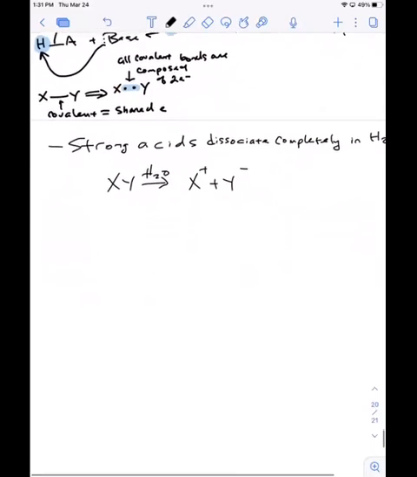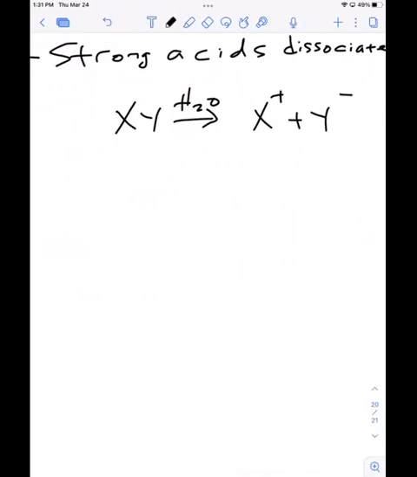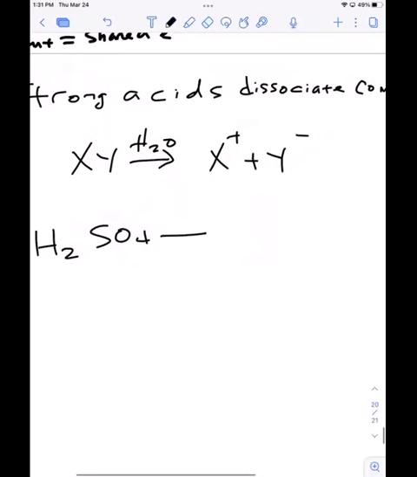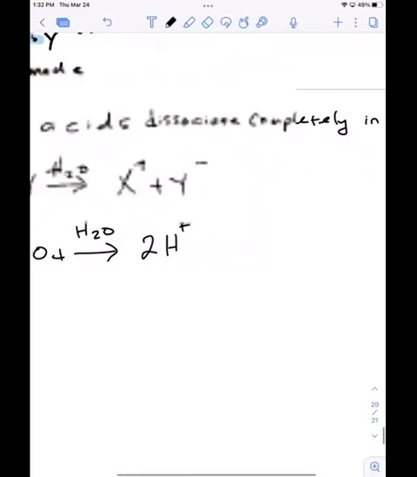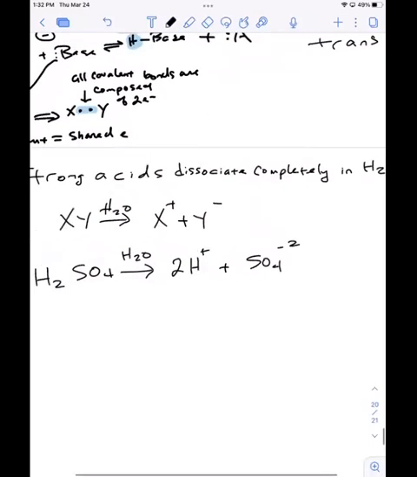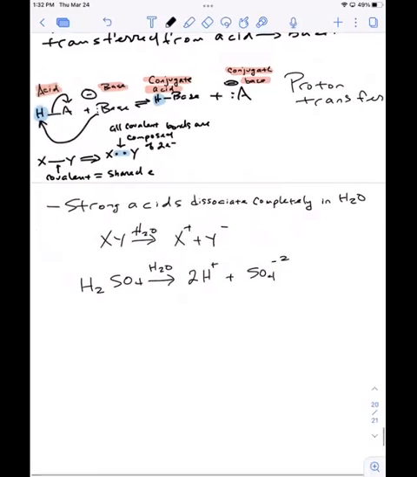So if I have something like this, for example sulfuric acid, when I add that to water, it's going to become the protons from the acid plus the sulfate anion. So that's what we mean by dissociation.